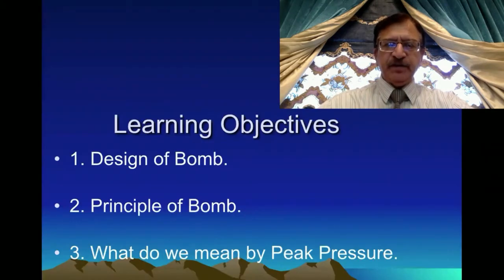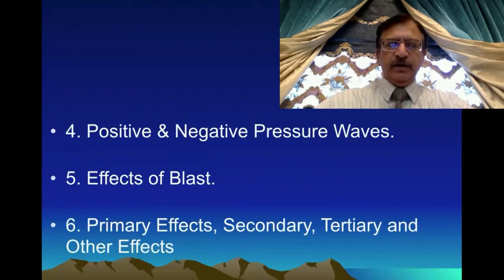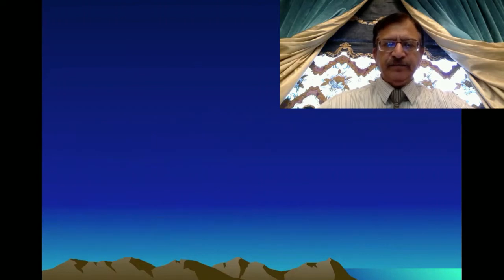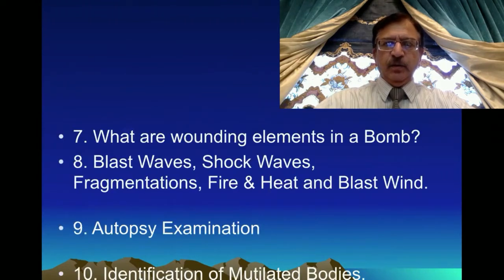What do we mean by peak pressure, what is meant by positive and negative pressure waves, and what are the effects of the blast, that is the primary, secondary, tertiary, and other effects. What are the wounding elements in a bomb: blast waves, shock waves, fragmentation, fire, heat, and the blast wind.